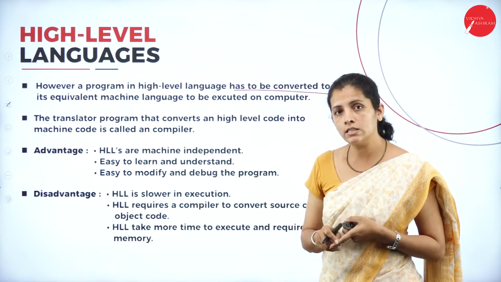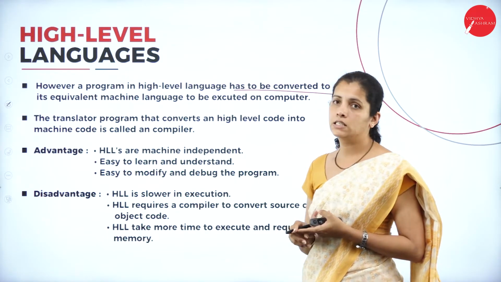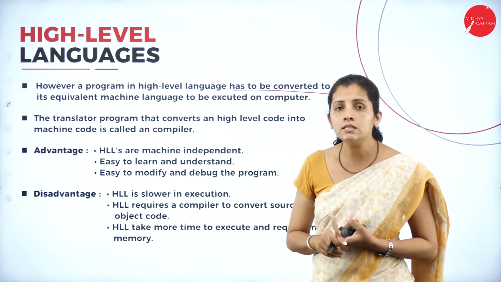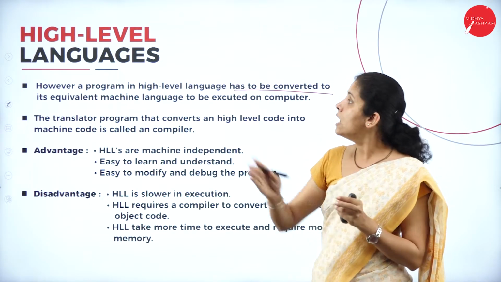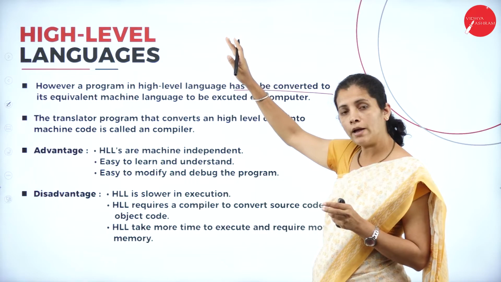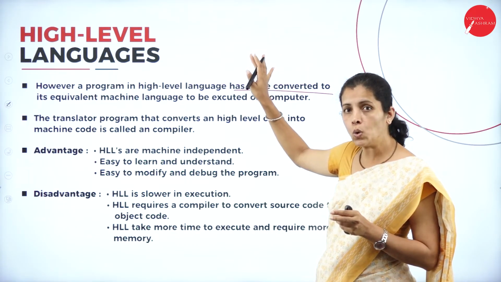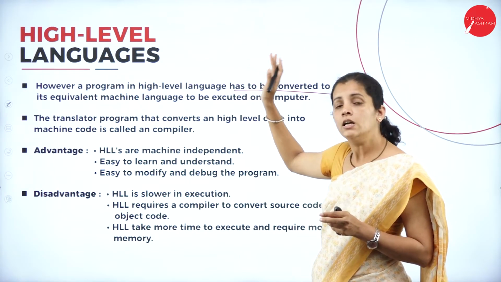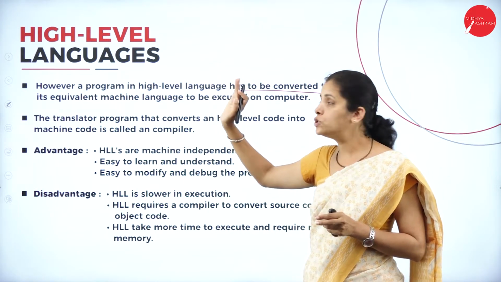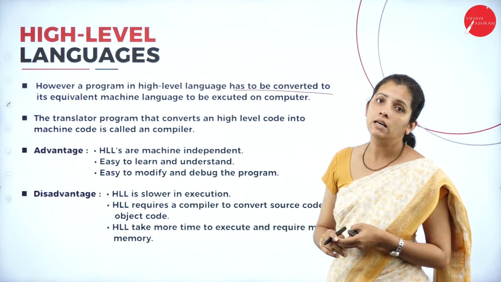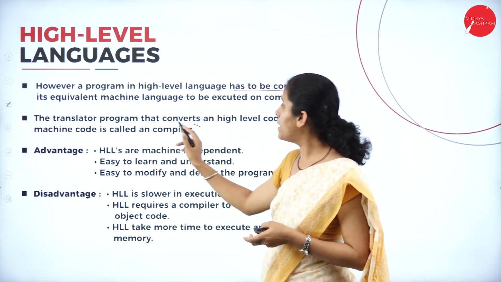For that reason I require a translator. So what is a translator here? That is nothing but converting high level programming language into machine code. The translator that converts high level language to machine code is known as a compiler.